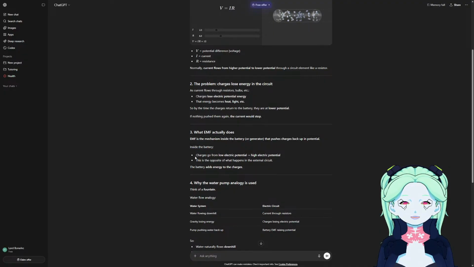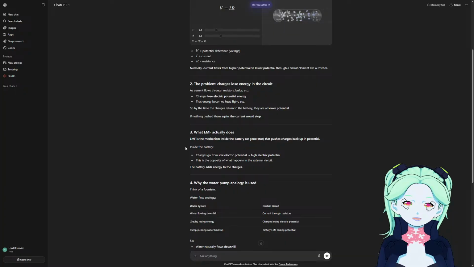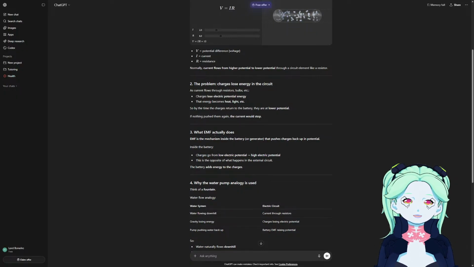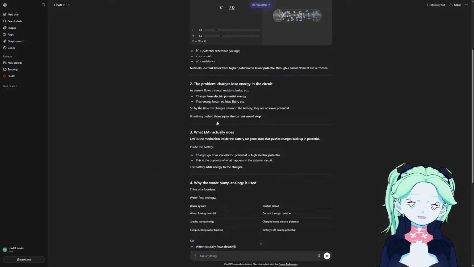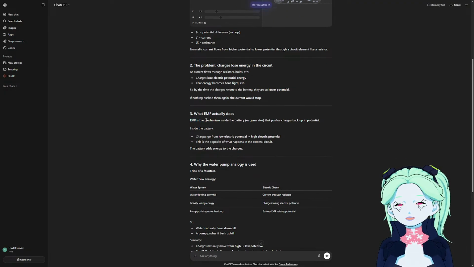Inside the battery, charges go from low electric potential to high electric potential. Oh, okay, I understand. This is just talking about the battery, the process of how the battery moves the charges up in potential, which is what it's designed to do. So that explains it.